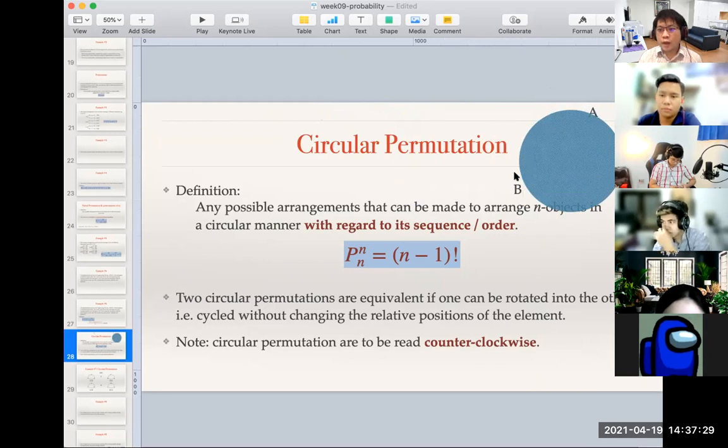No matter how many times you rotate this circle, the order will always be similar: A, B, then back to A. So they don't conflict as long as the rotations are similar. If I rotate the circle and the position of A moves to another position, will it change the meaning of the sequence? No, the sequence won't change at all.